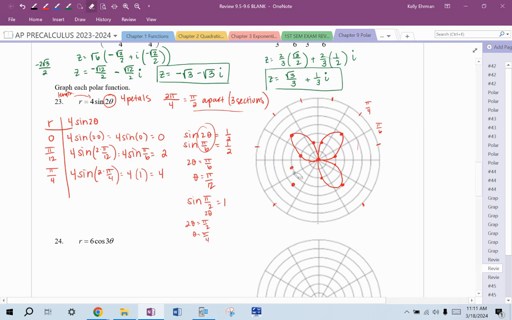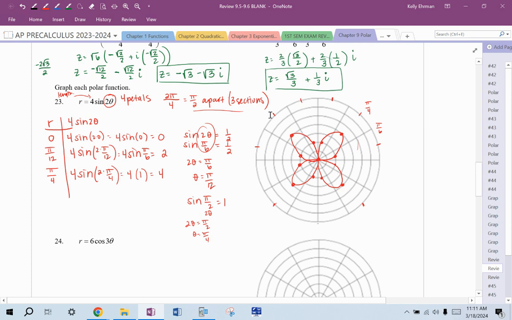Oops, I went too far on that one. 2, 1, 2, right here. No, right here. Sorry. And then we would come back around to quadrant 4, and then we would end back at 0. Okay, so that is my rose petal.